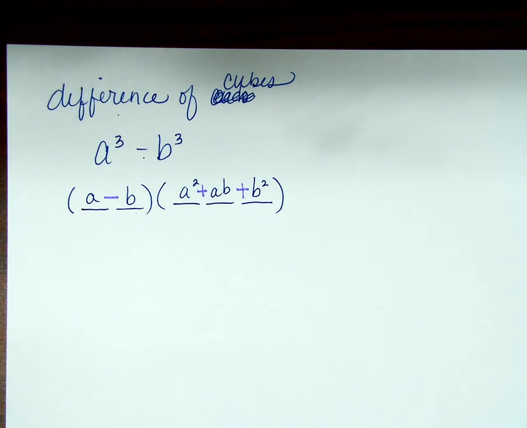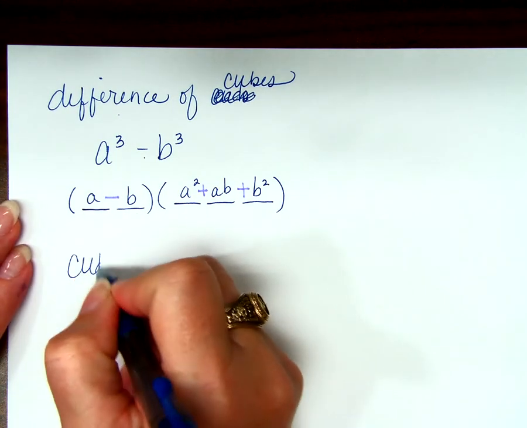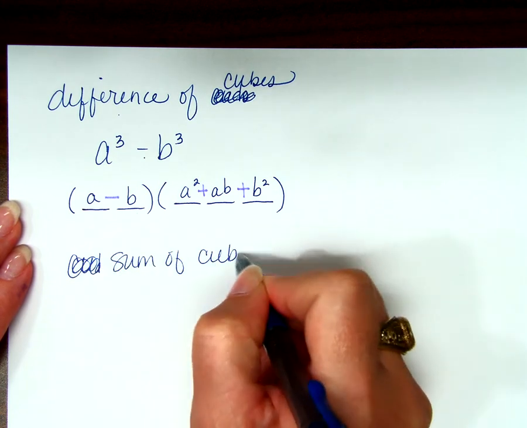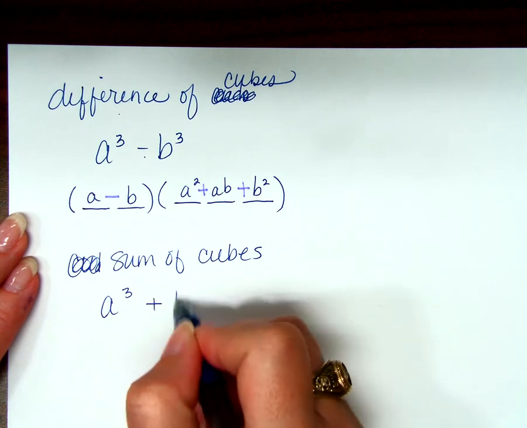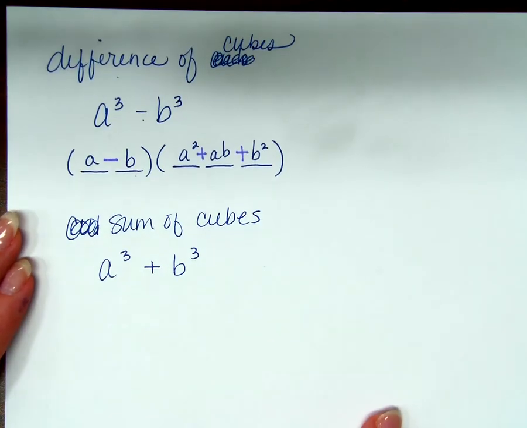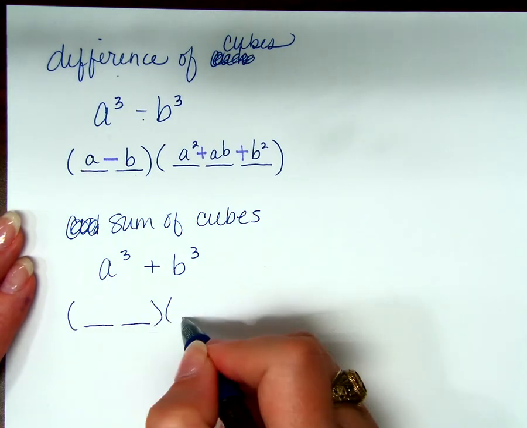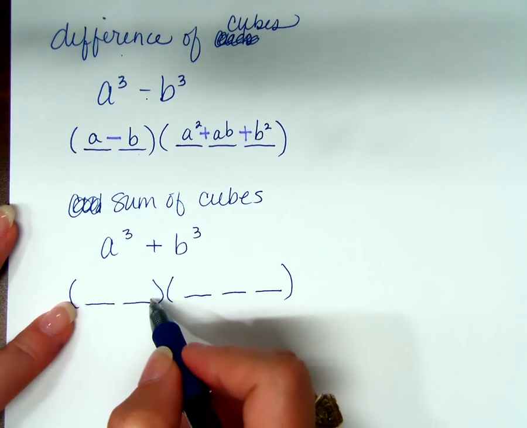Now, let me show you some good news before I show you any examples. You want some good news? Yes. We need to talk about the sum of cubes. It would look like a cubed plus b cubed, right? Guess what the pattern looks like? A binomial and a trinomial. Guess what the binomial looks like?